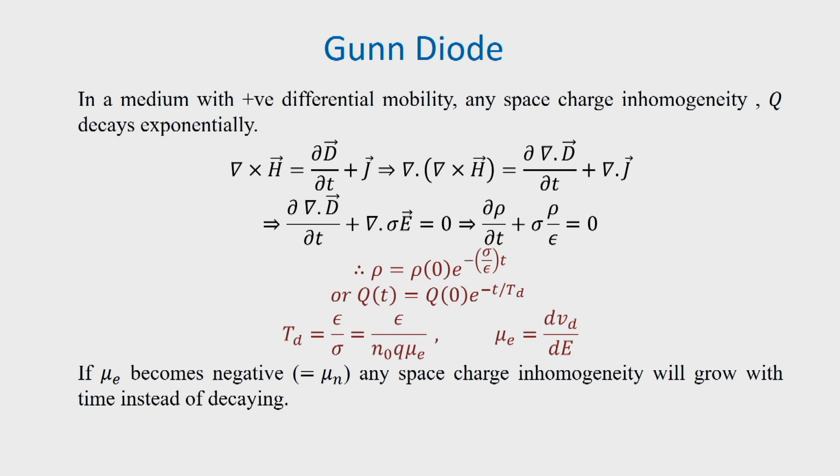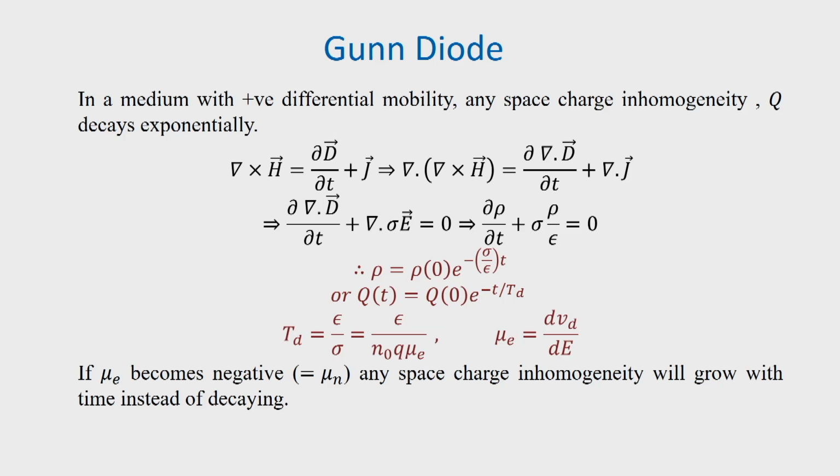And this is very important in the context of operation of the Gunn device, because when the sample is biased in the negative resistance region, we have mu n, the mobility, to be negative, and hence any space charge inhomogeneity present in the sample will grow, giving rise to what is known as high field domains.